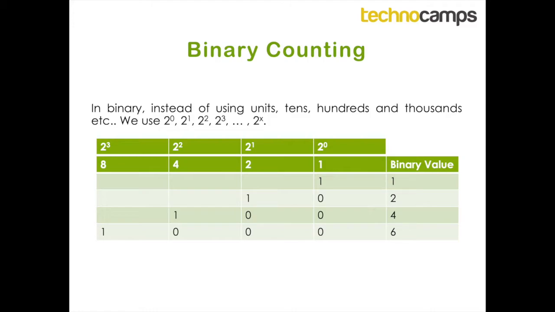Instead of units, tens, hundreds, and thousands, this time we use these. Remember, a number to the power of 0 will always be 1. So even though it's 2 to the power 0, it'll be 1.